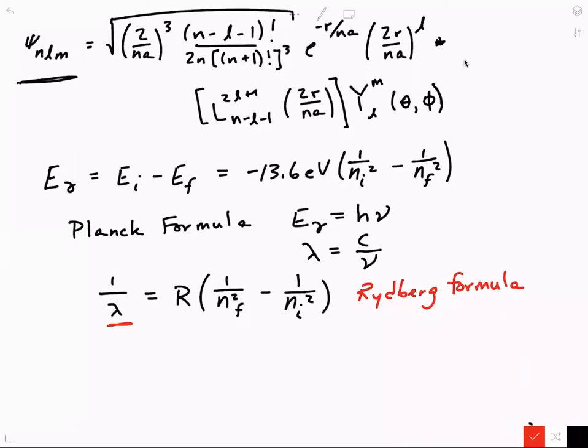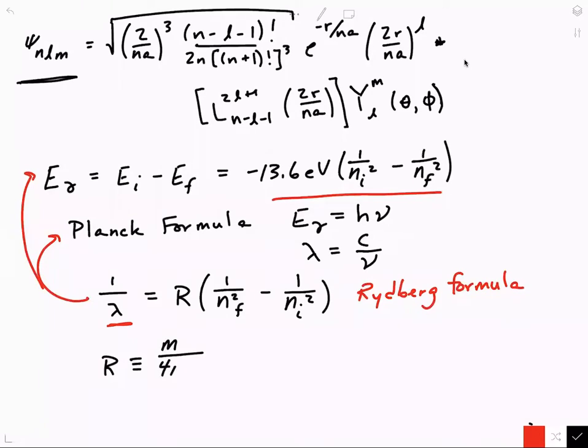And in this case, we can relate this Rydberg formula back to our Planck formula and back to our energy of the photon and our description of the hydrogen atom. And we can figure out that the R in front here, which is known as the Rydberg constant, is related to the mass of our electron.